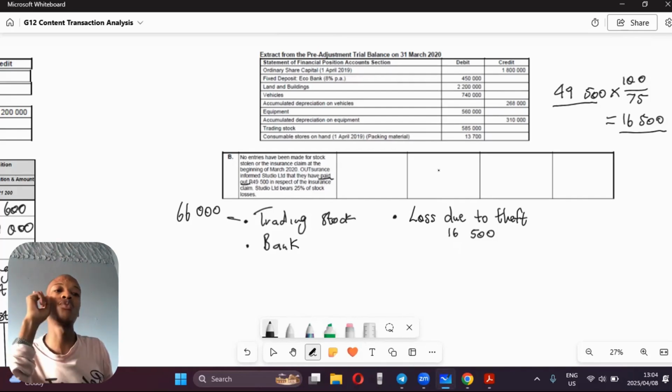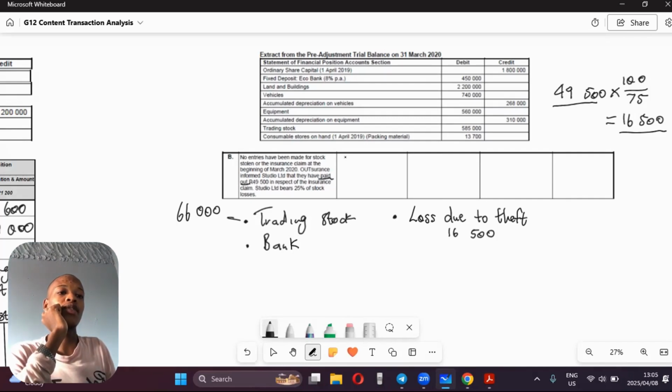Trading stock is going to go to balance sheet. Bank is going to go to balance sheet. Loss due to theft is going to go to income statement. Do we have something that we haven't taken note of? No, I don't think so. Now let's go.